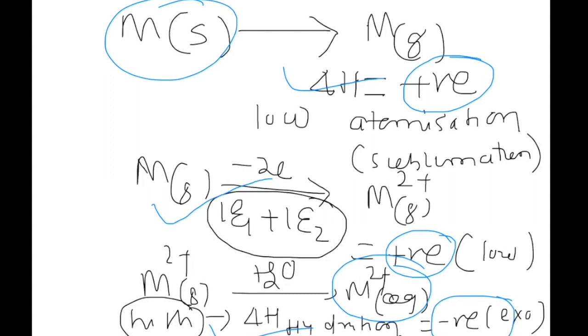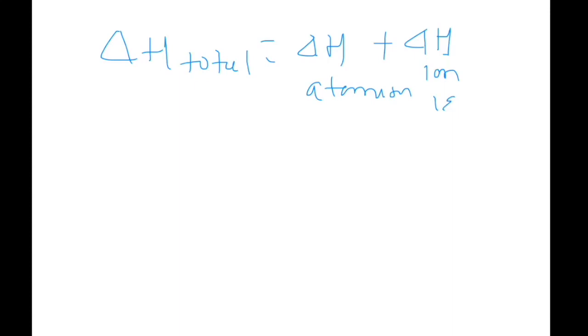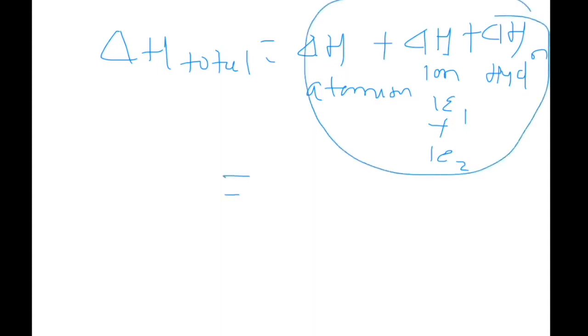The endothermic energy value should be low, exothermic energy value should be high. In total, del H total is equal to del H atomization plus del H ionization, first ionization plus second ionization, plus del H hydration. These three energies in total should be more negative value.